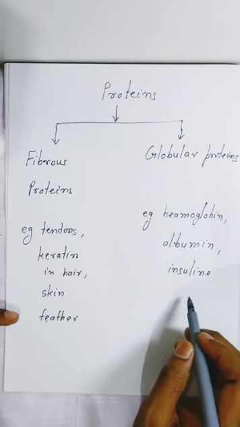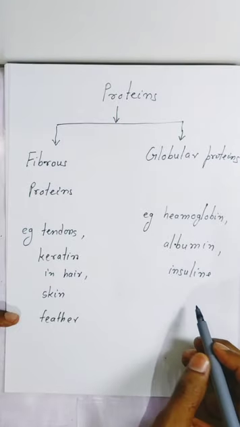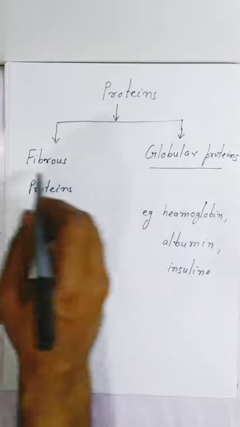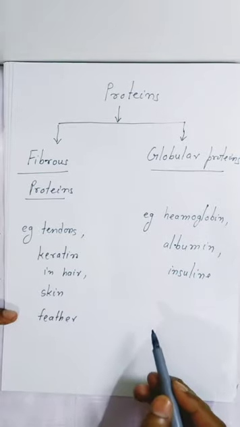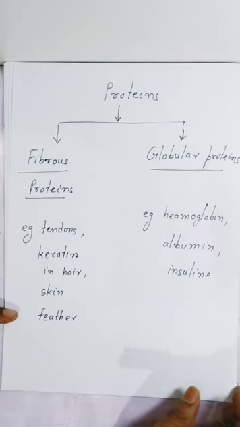These are the examples of globular proteins. So the proteins are classified on the basis of shape into fibrous proteins and globular proteins.